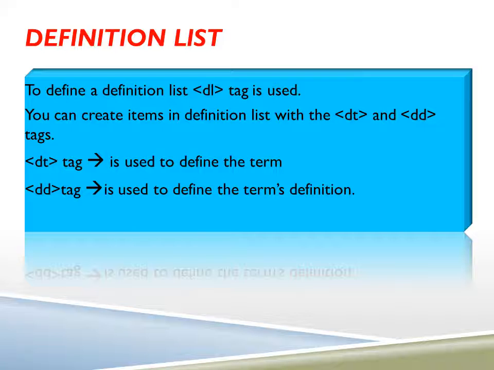You can create items in the definition list with the help of DT and DD tags. The DT tag is used to define the term, that is, you can write the term which you want to define with the help of the DT tag. The DD tag is used to define the term's definition, that is, the term's description is written with the help of the DD tag. Inside the DL tag, you can write many term definitions with the help of DT and DD tags.